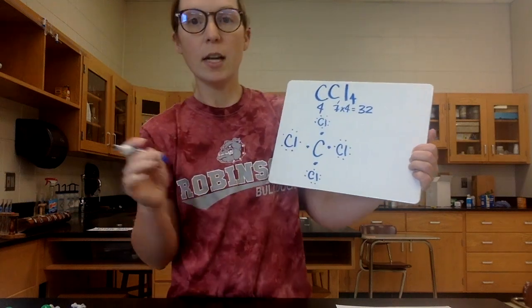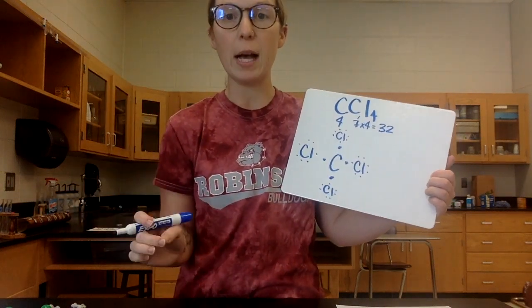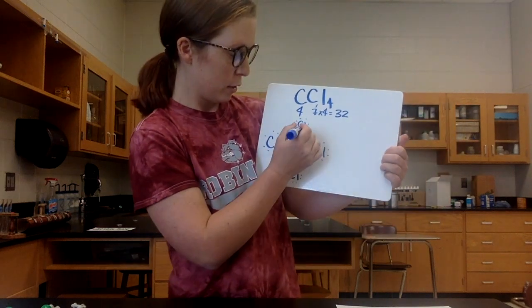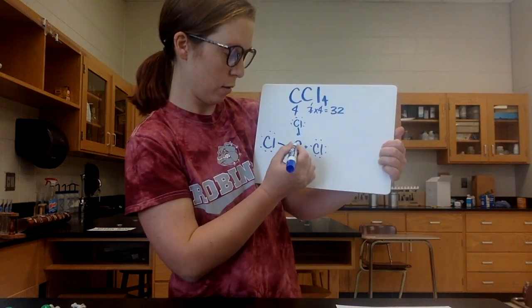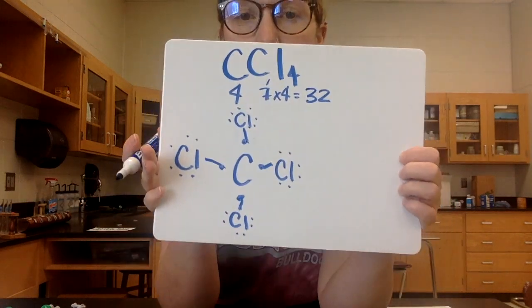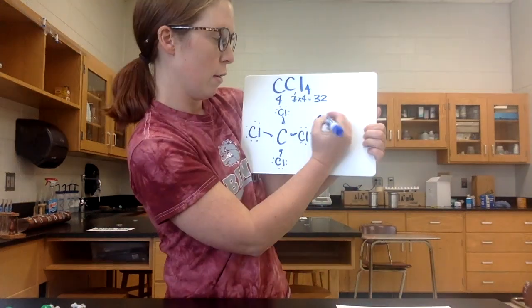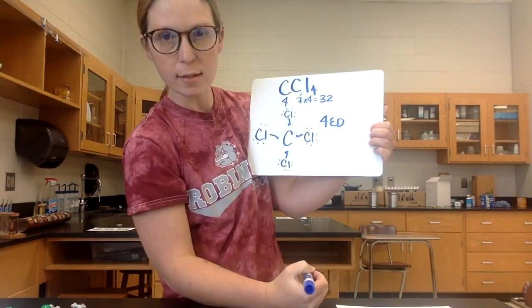Okay, then, just like we've learned, you're connecting dots. You're giving each electron a buddy between 2 atoms. So these 2 can partner up, these 2 can partner up, these 2 can partner up, these 2 can partner up.